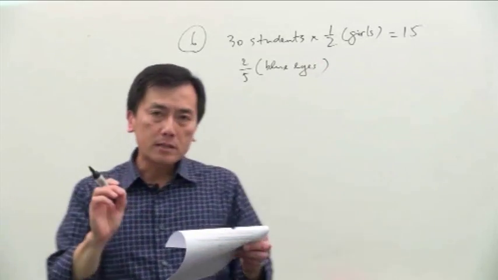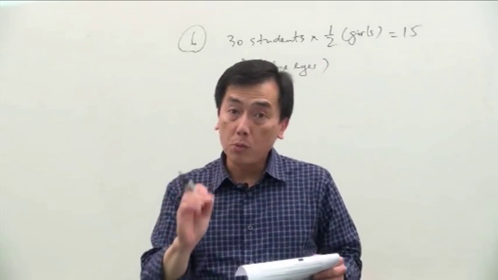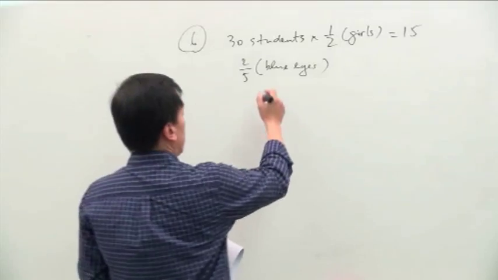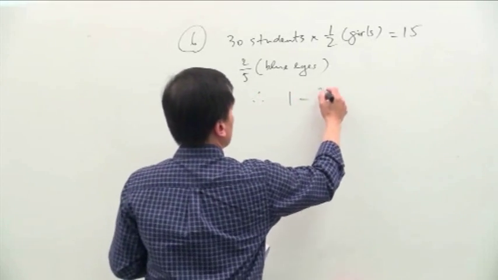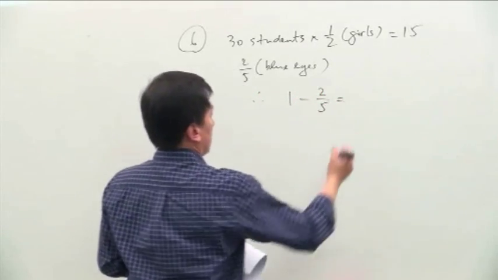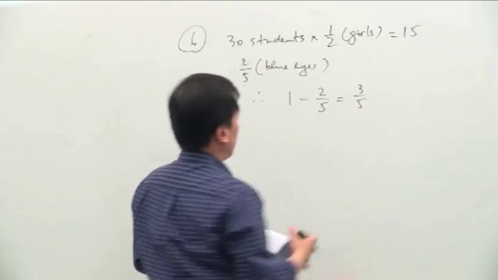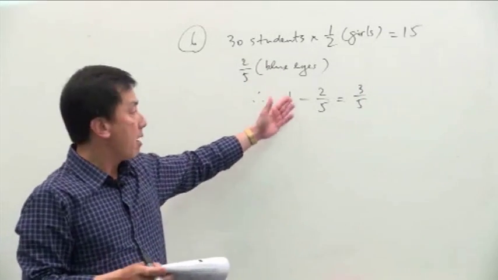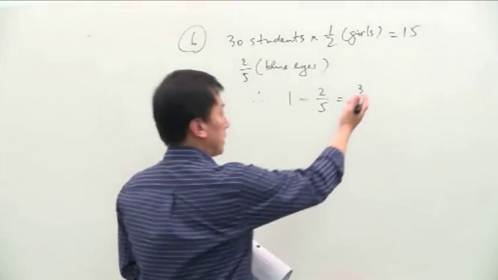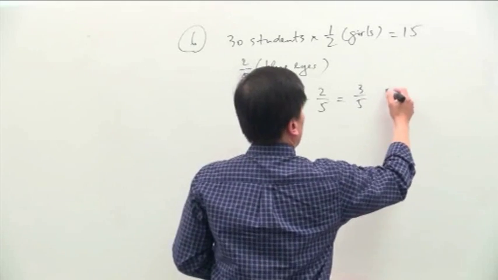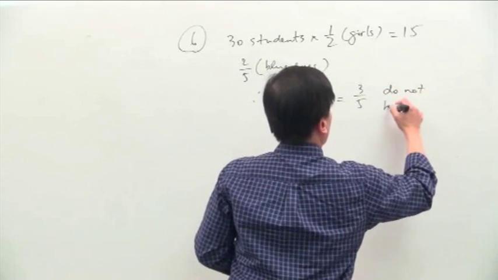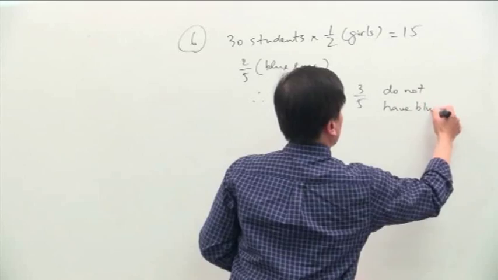But the question is asking how many girls do not have blue eyes, so do not. So therefore, it's 1 minus 2/5, which equals 3/5. 1 is like 5/5 minus 2/5. So that's going to be 3/5 that do not have blue eyes.